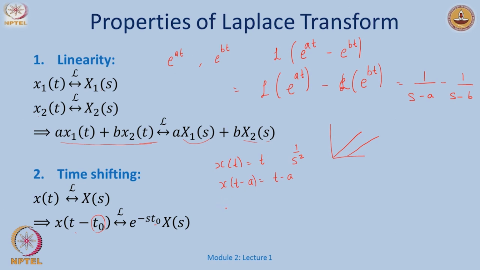Now, what is the Laplace transform of x of t minus a? This would simply be, well, I still have this X(s) which is 1 over s square, and in addition I have e power minus s times the amount of time t0 which the signal has shifted, so this a. So, this is e power minus s a times 1 over s square. So, this is how it looks.